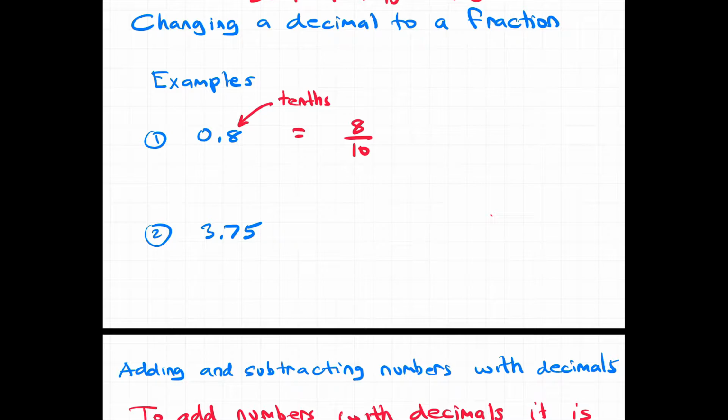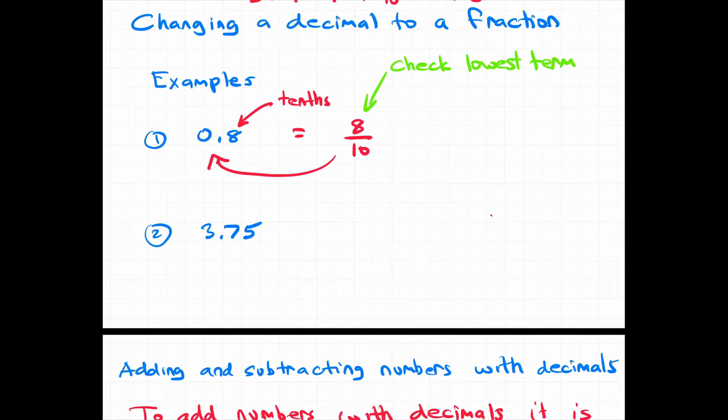Now, if I was to take a calculator and go 8 divided by 10, it would revert back to 0.8. Okay, now the one thing we have to do every time we come up with an answer that is in fractional form is we need to check that it is in lowest terms.